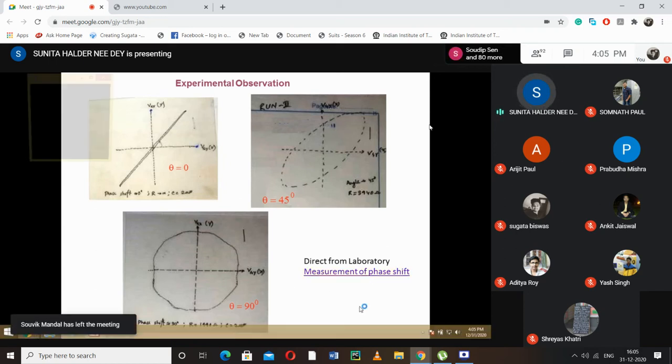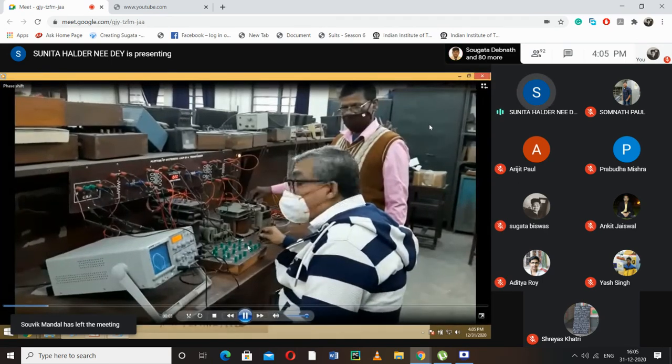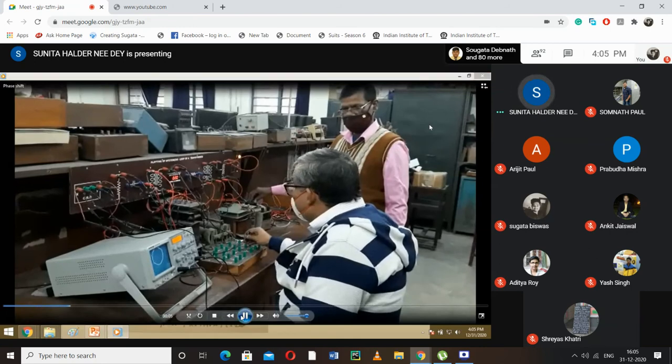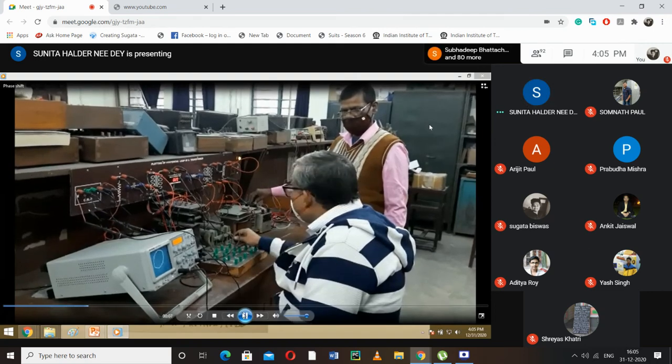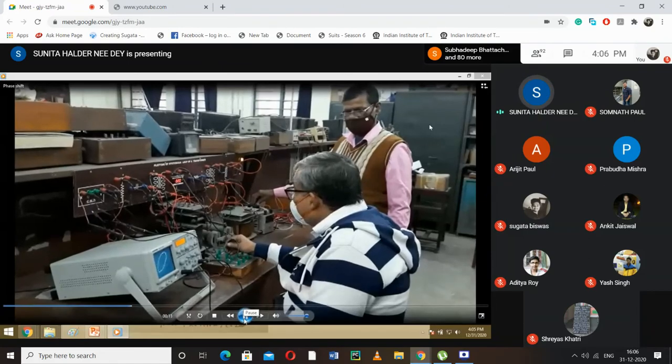Then from the laboratory, you can see he is changing the resistance and then he is getting the circle. This is the decade resistance. When we want to change in steps, we use the decade resistance, otherwise the rheostat. When he is opening, he is getting the 0 degree angle. Are you seeing that?